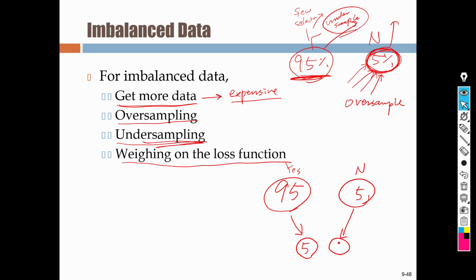So now I have 50-50 yes and no data. Using this balanced data, you can make a model. So no problem, and this is pretty easy to imagine. Out of 95, I will randomly collect just 5.